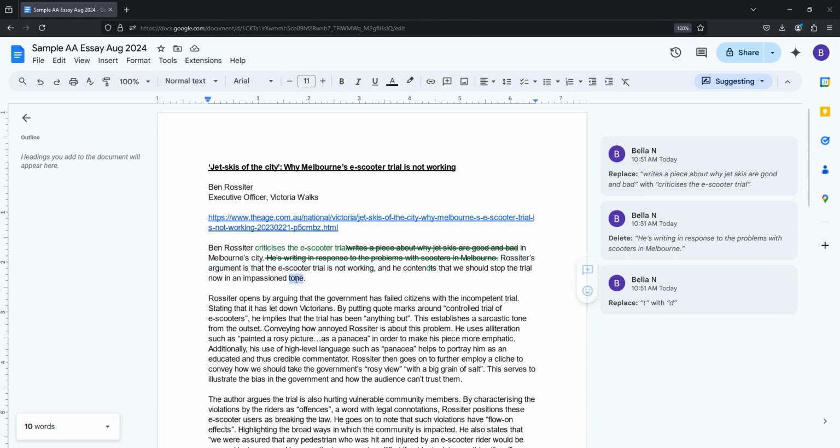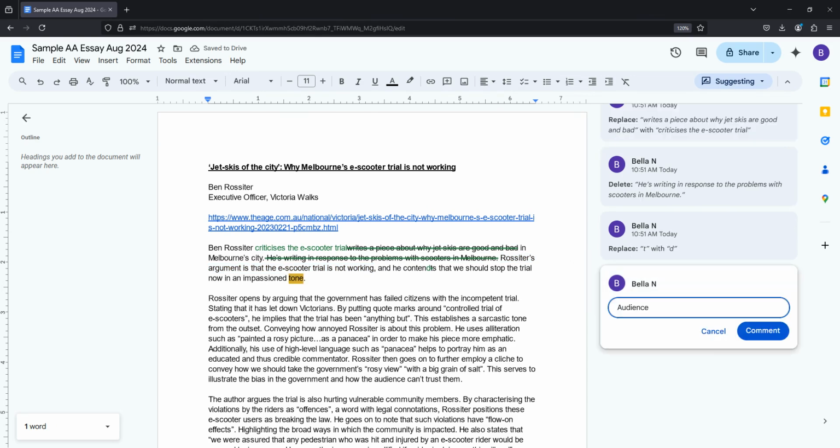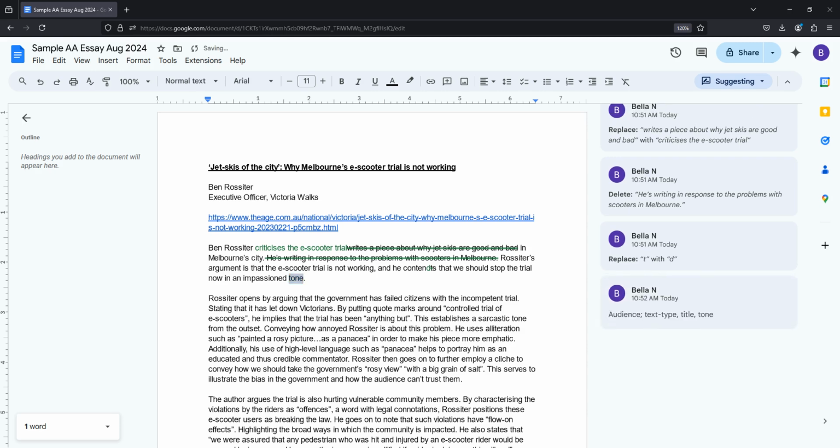It needs mention of the audience, and it also needs mention of the text type, title, and tone. So there's a few things that are kind of missing from this introduction, which I would probably just go about trying to check off, because introductions should be pretty formulaic by and large.